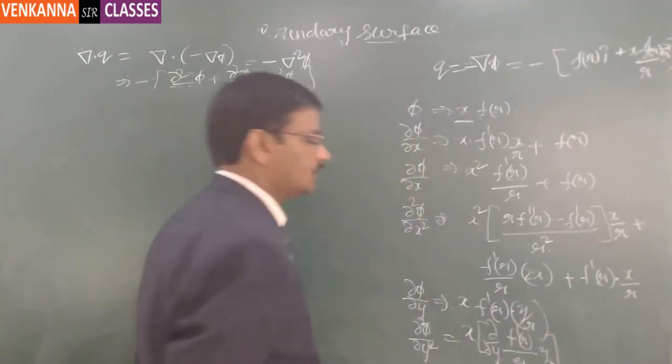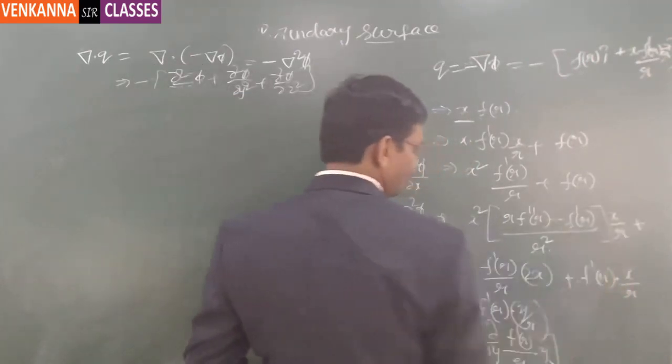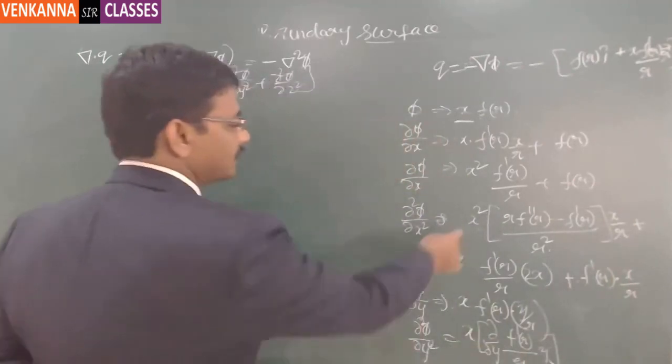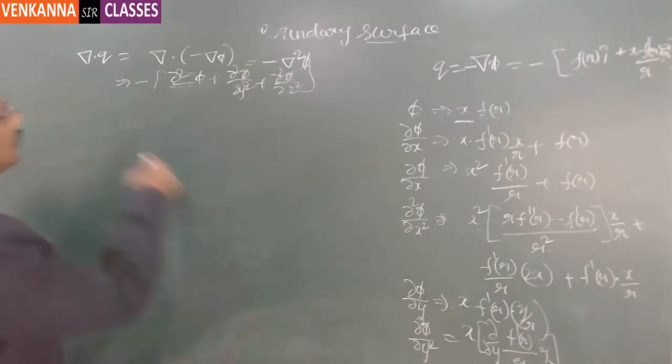Here instead of x you are going to get y. So this x square will be common in all the cases, and you can take x square out.